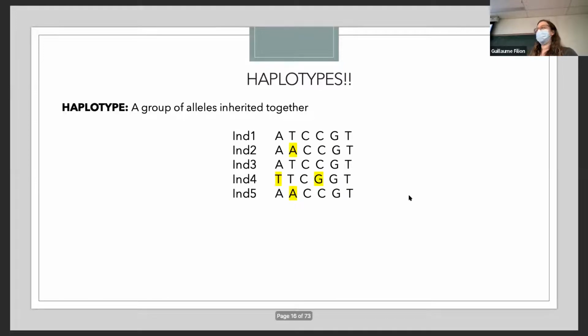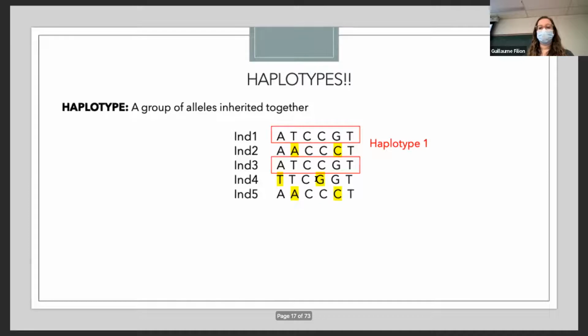I always like to use an example because sometimes it's a little bit complicated. Say we have 5 individuals in our population, and I've highlighted 3 sites that have a SNP. Now we look through each individual and see if there's an identical match to another individual. In this case, individual 1 and individual 3 have exact matches.